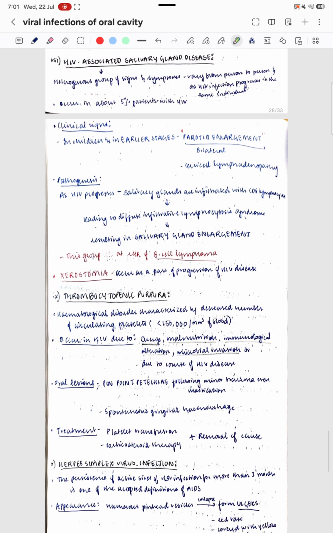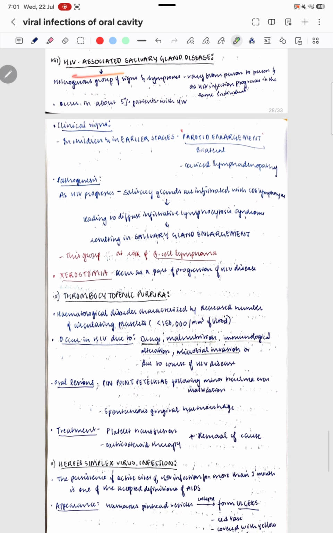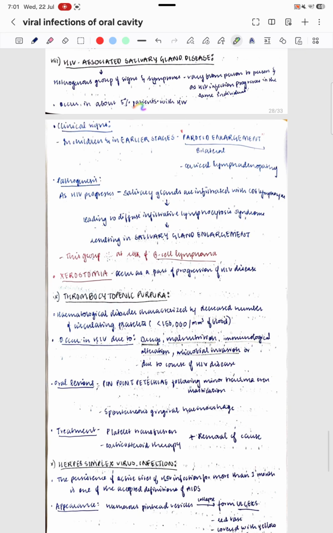Then coming to HIV associated salivary gland diseases, that could include a heterogeneous group of symptoms varying from person to person, and as HIV infection progresses in some individuals, these occur in less than 5% of HIV patients.